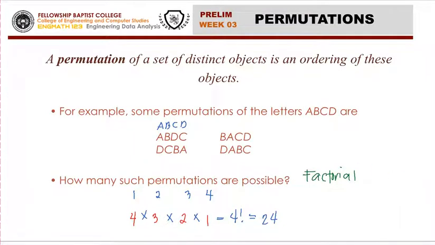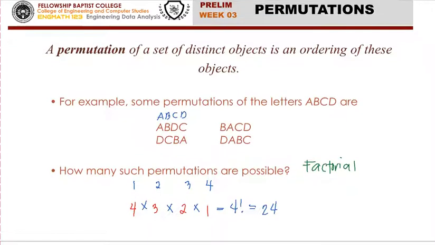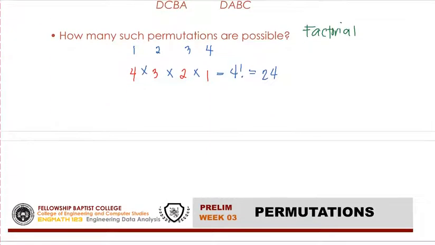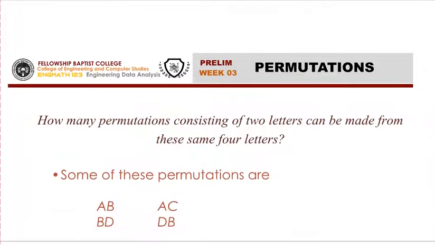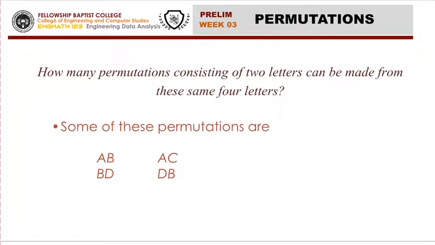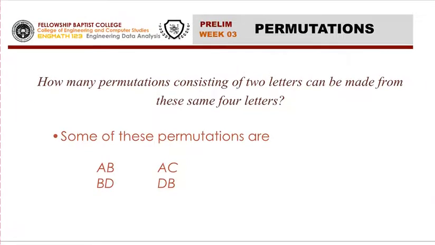Let's start with some examples and problems that we can encounter regarding permutations. For example, how many permutations consisting of 2 letters can be made from these same 4 letters? Some of these permutations are AB, BD, AC, and DB. Based on this, again we have 4 possible choices for the first position.